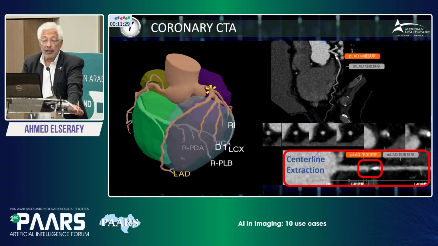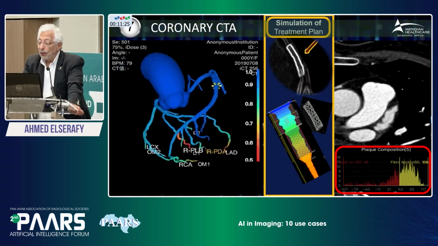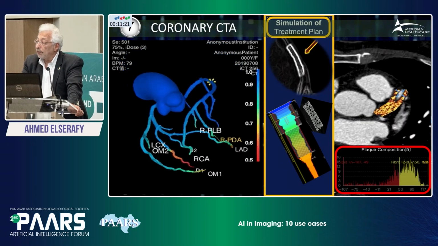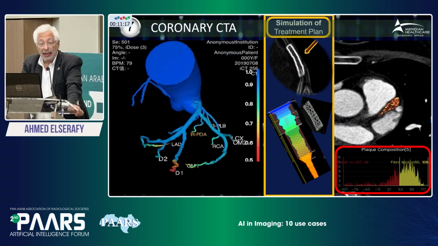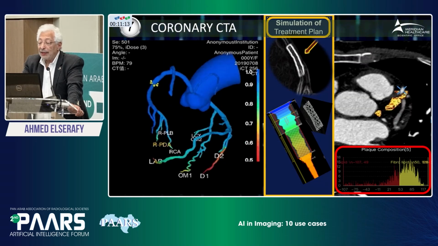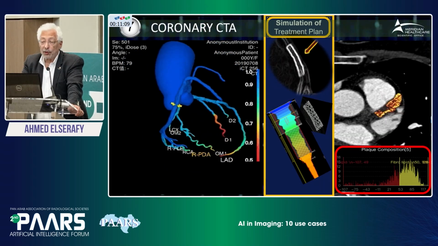But it went beyond anatomy. AI allows for a couple of things that are in the domain of histology and physiology. Now you can actually not only identify plaques, but get to know the composition of these plaques. Why is it so important to know the composition?